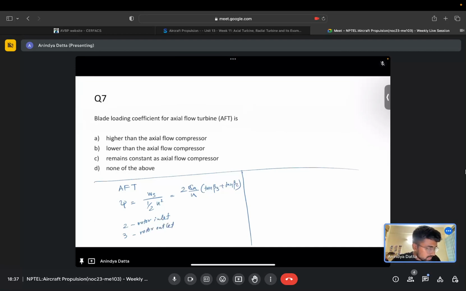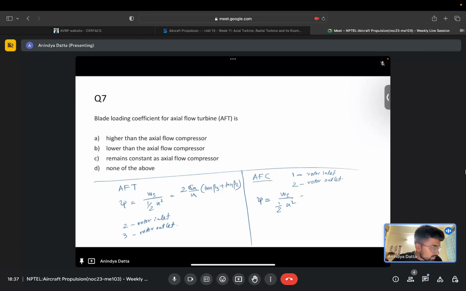For the axial flow compressor, if you remember, we generally denote 1 as rotor inlet and 2 as rotor outlet. Again there the blade loading coefficient is equal to Ws by half u square.